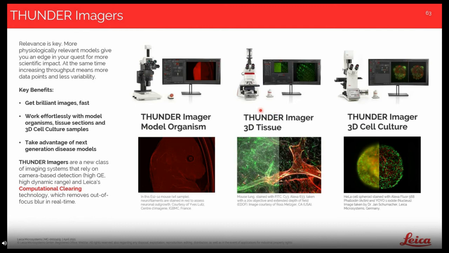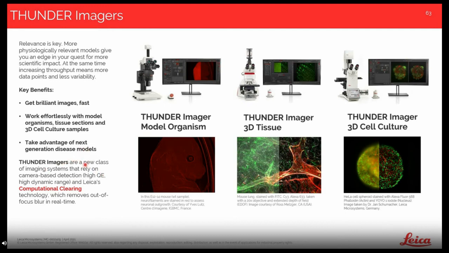The main reason that we brought Thunder to the customer is to allow for getting brilliant images fast. We also wanted to allow for effortless work with new models like organisms, tissue sections, and 3D cell cultures, and really allow people to take advantage of next generation disease models without a restriction to the hardware they have.